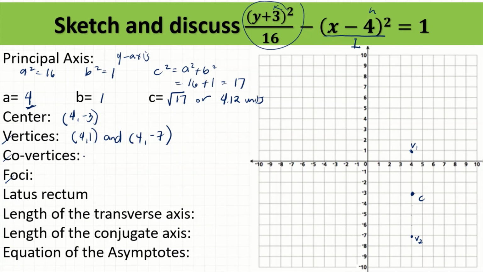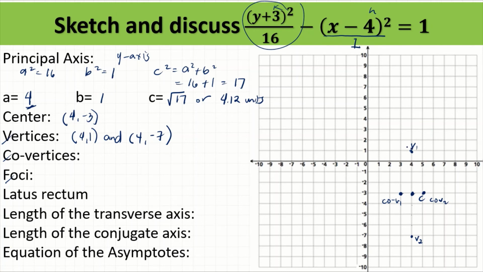Next, we have the co-vertices. We are going to count 1 unit to the left and to the right. So, these are the points of the co-vertices, co-v sub 1 and co-v sub 2. Okay? So, the foci, we have 4.12. So, kahilera ng ating vertices. So, 1, 2, 3, 4, and 0.12.